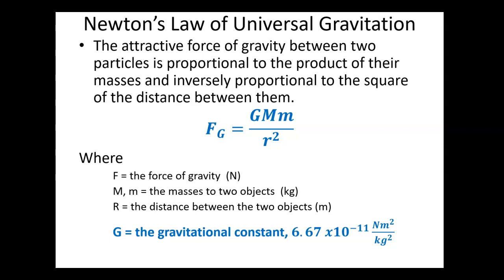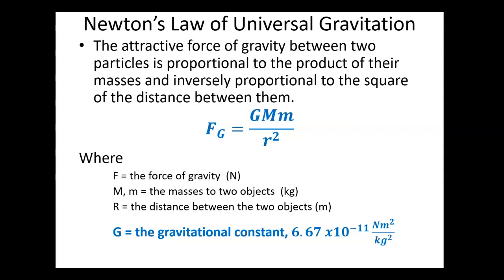And so in equation form, the gravitational force equals the universal gravitational constant, represented by the uppercase G, multiplied by the product of the two masses. Here we're using an uppercase M to represent the larger mass, and the lowercase m to represent the smaller mass, divided by R squared, where R is the distance between the centers of the masses.